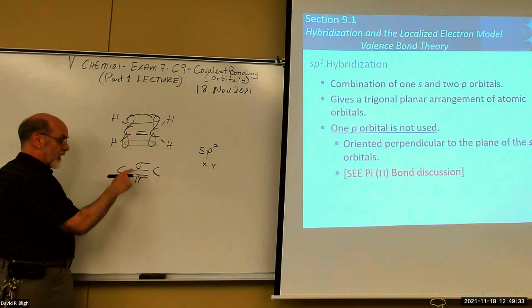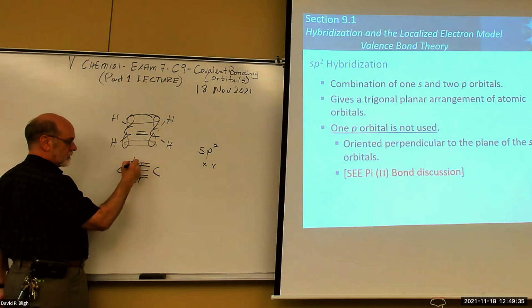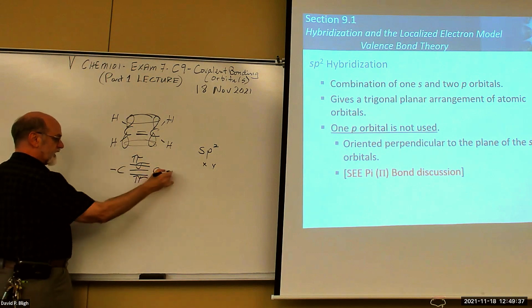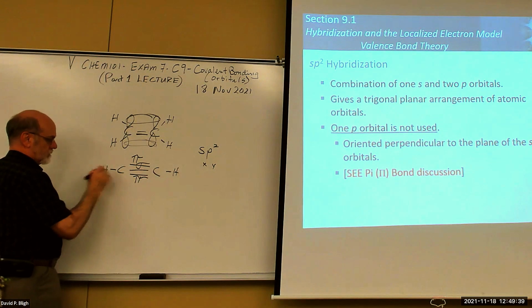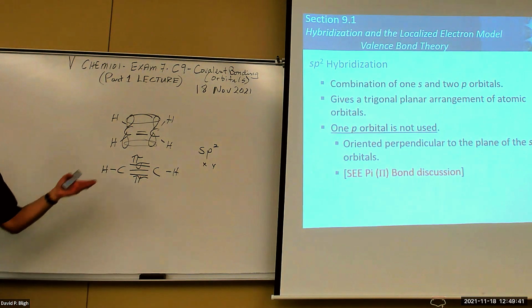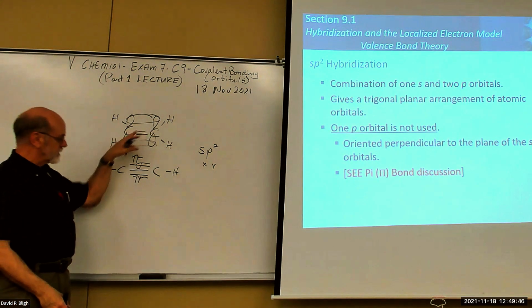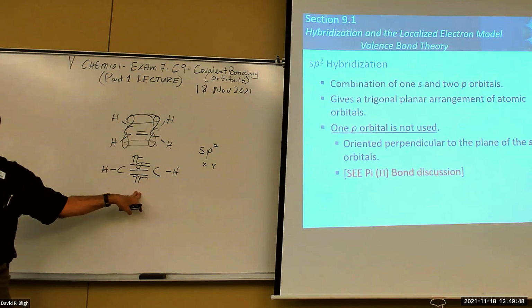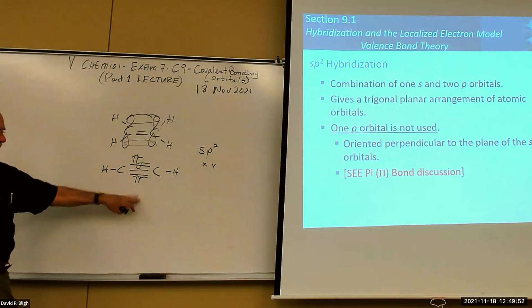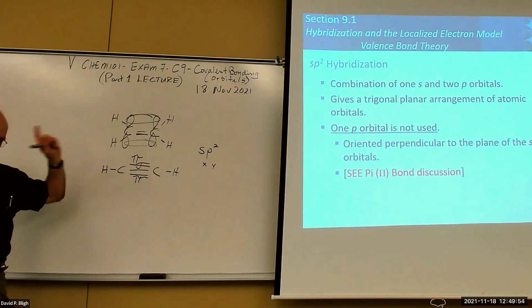You can also have another pi bond over here. Like if this were acetylene, you'd have 2 pi bonds and a triple bond. This is ethylene, that's acetylene. Or sometimes you'll see it written ethene. No, ethyne, excuse me, ethyne.